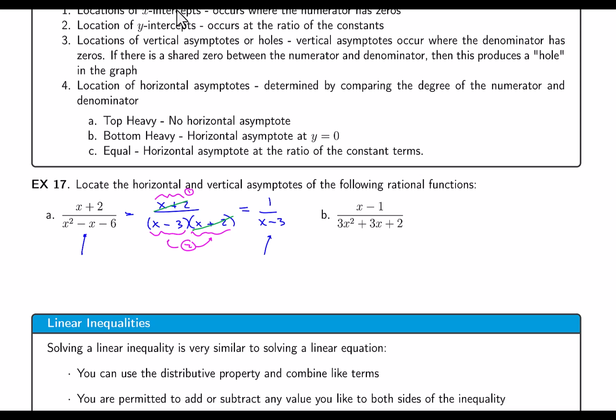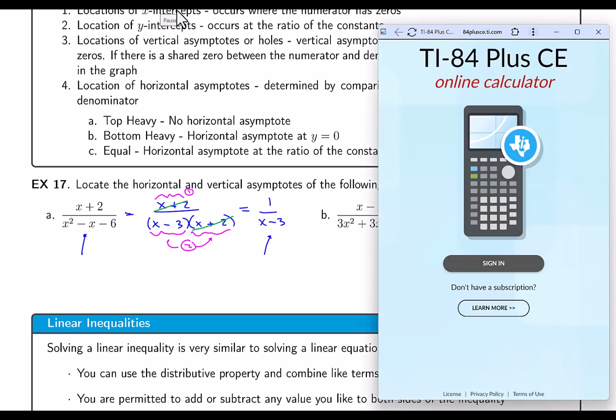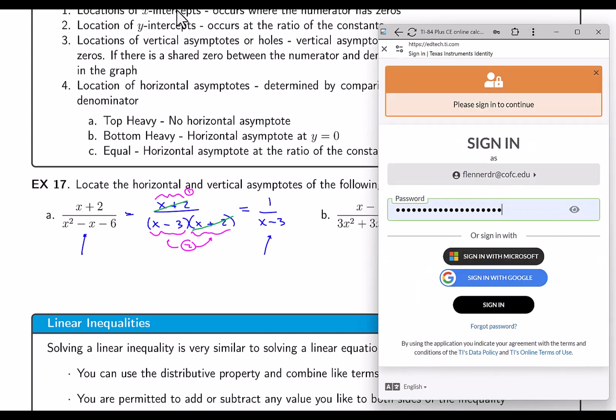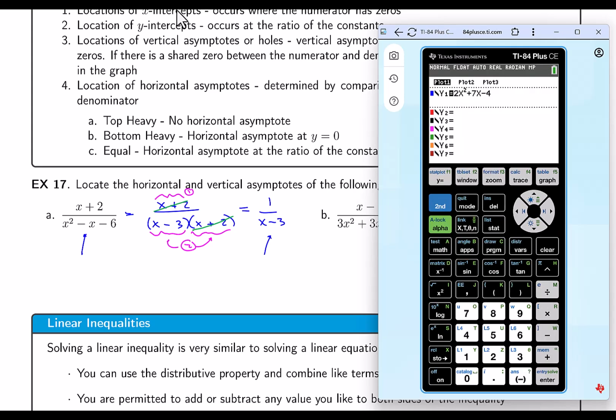But in general, every single value of x plugged into here gives you the same y values of every single value of x plugged into here. What that means is you would have the exact same graph. So you can just use your calculator and determine if you have the same graph. And if you do, then that tells you that you've done your algebra correctly. So for instance, like if I come in and let me turn that off.